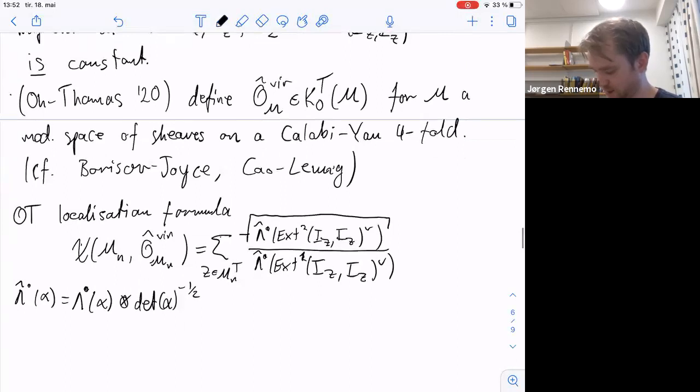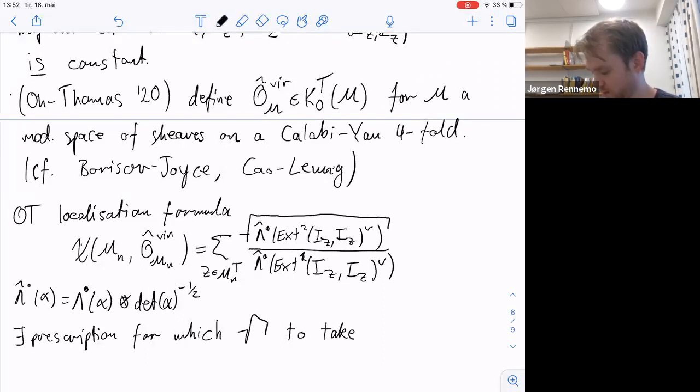But there's a prescription for which square root to take. If I give you a polynomial here, and a polynomial here, and I tell you to take the square root of the top one, then you will always have two choices. You can always change it by a sign.